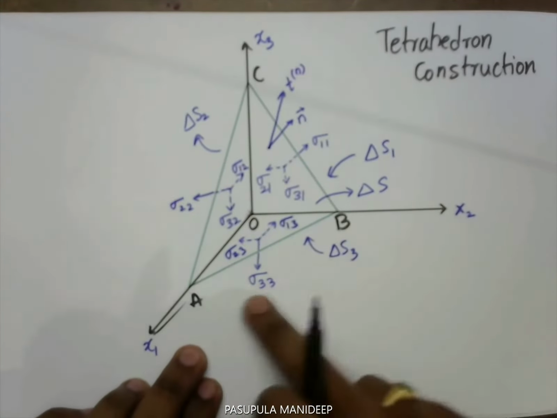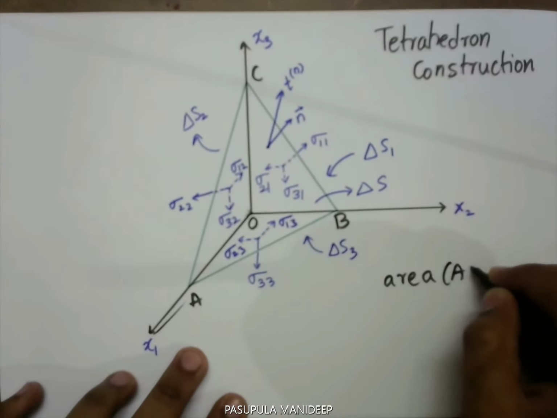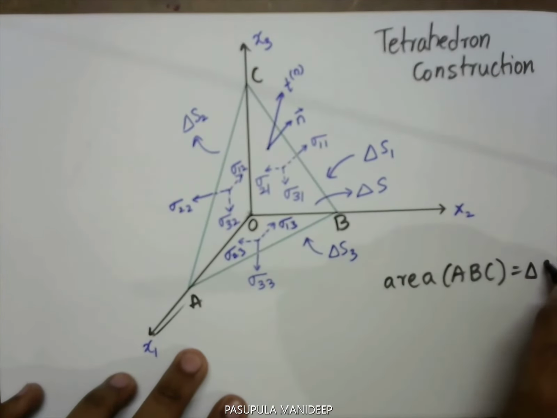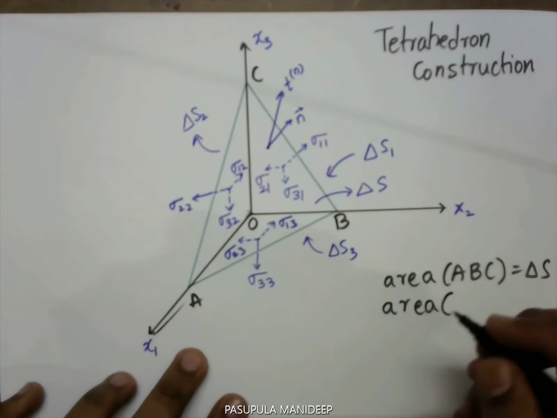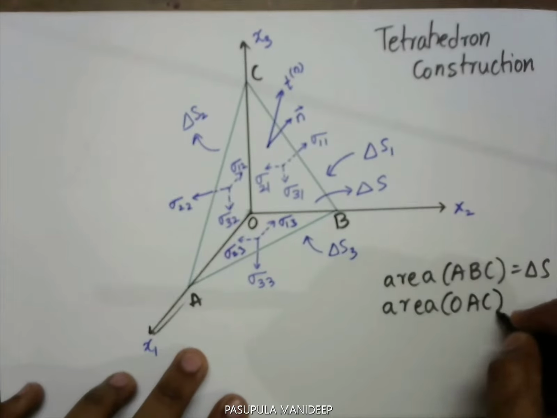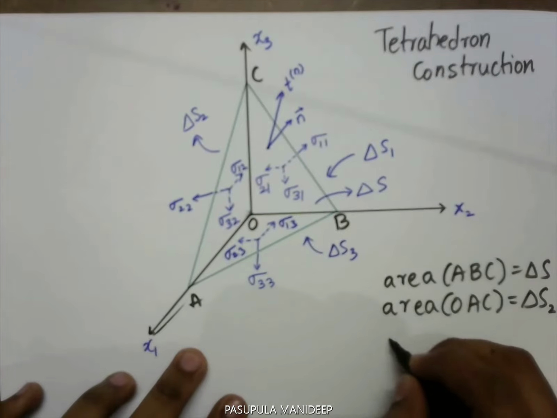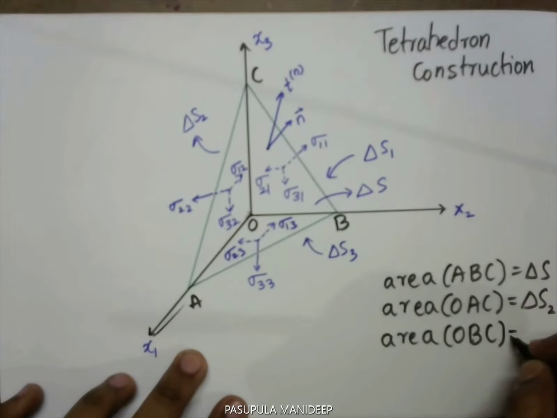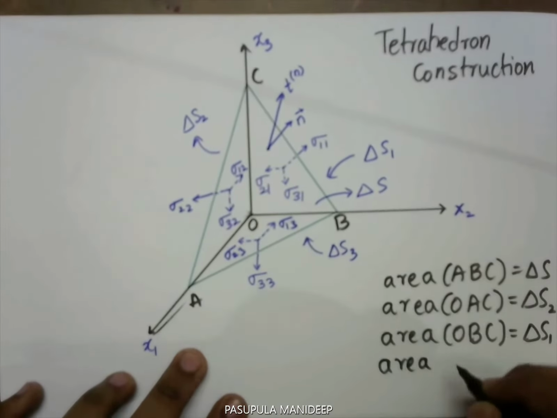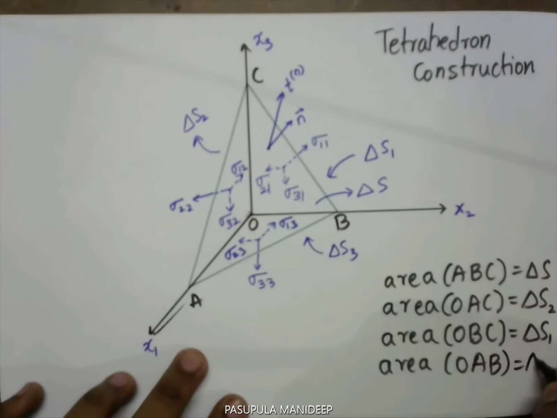The area of ABC is delta S. Similarly, the area of OAC is delta S2, the area of OBC is delta S1, and the area of OAB is delta S3.